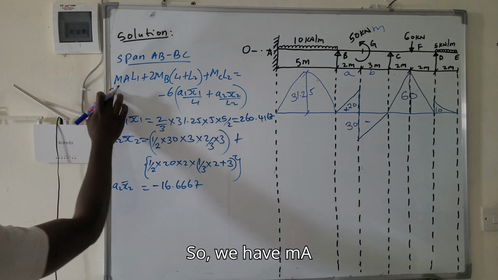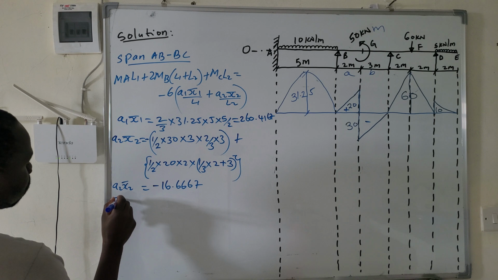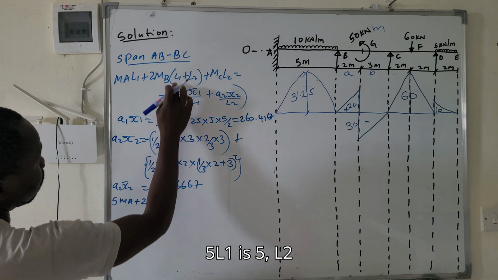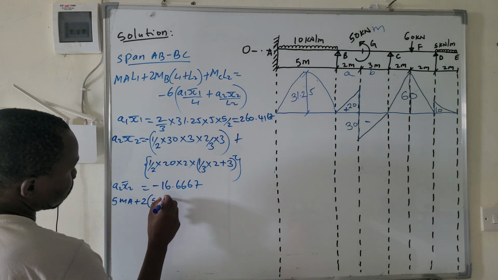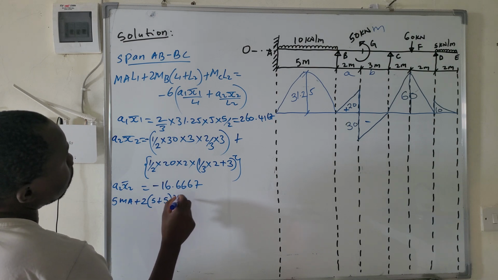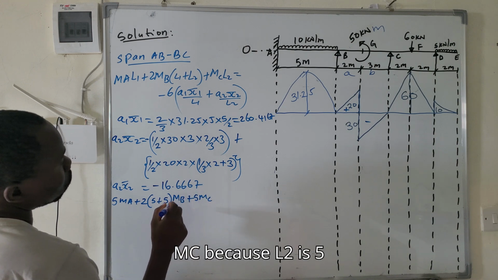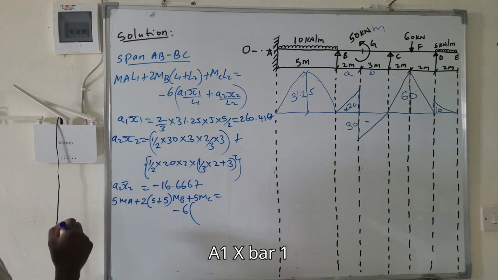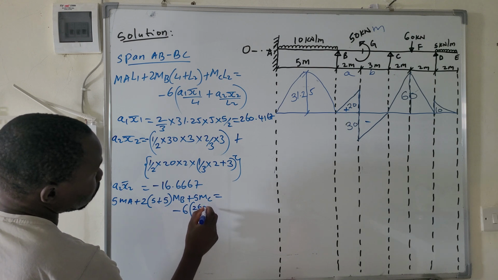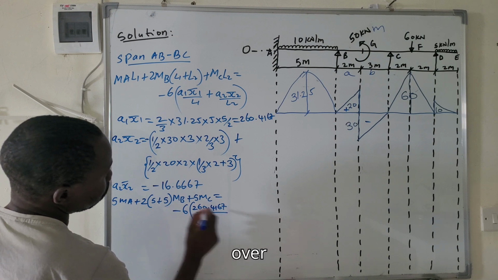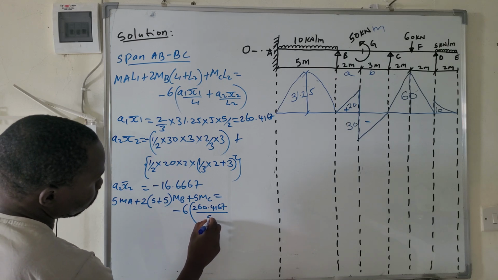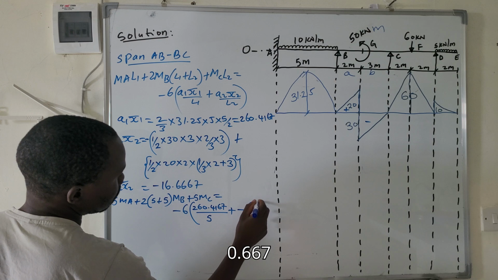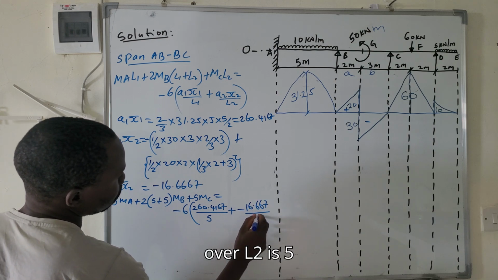So we have MA L1, so L1 is 5, so 5 MA plus 2 into bracket 5, L1 is 5, L2 is again 5, so plus 5 MB plus 5 MC, because L2 is 5, is equal to minus 6 into bracket A1 x bar 1, 260.4167 over L1, which is 5, plus A2 x bar 2 is negative 16.667 over L2 is 5.